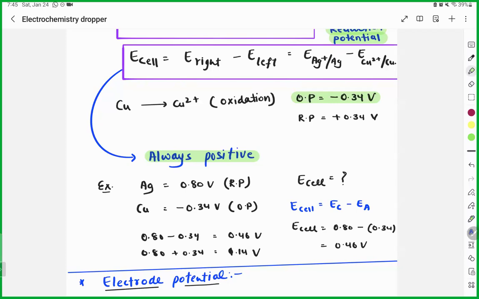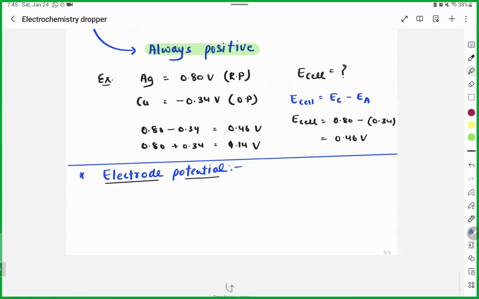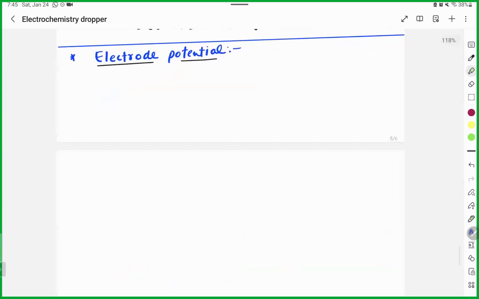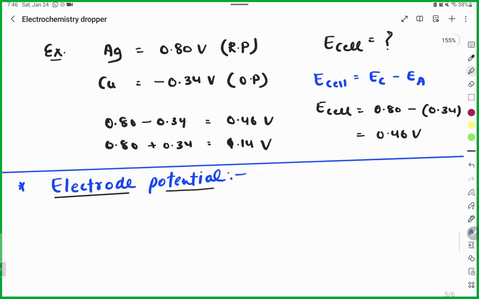Second possibility, Ag negative and copper positive, like that, still it will be a negative value. So you should get only a positive value, nothing else. Let me know if you have any question around this topic.